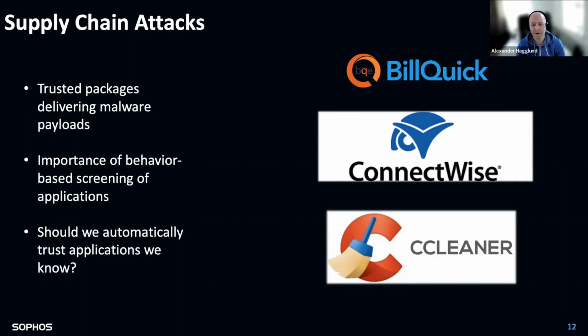There's been a number of others, maybe not as prominent as the SolarWinds or Kaseya attacks, but they still managed to cause a lot of damage. ConnectWise, a really popular RMM solution, CCleaner, for example, and BuildQuick were all affected by the same kind of attack when it comes to the delivery of the malware payload to the customers.